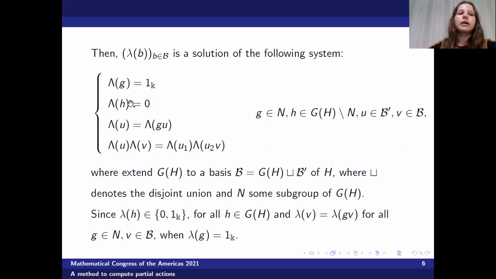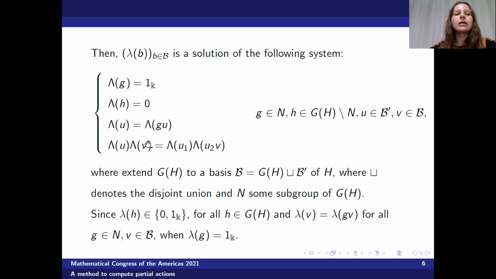If lambda is a partial action, then lambda of B is a solution of the following system. The first and the second equations always hold due to the previous results, right? The third equation holds for all group-like elements g such that lambda of g is equal to 1.